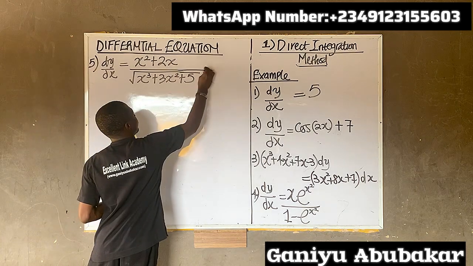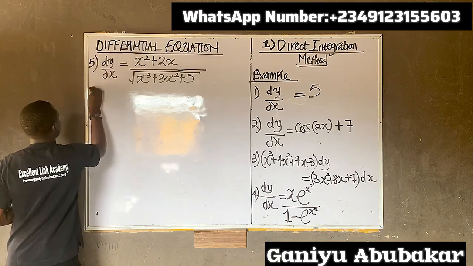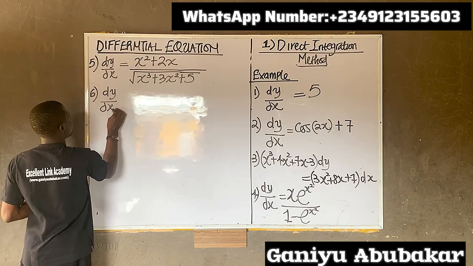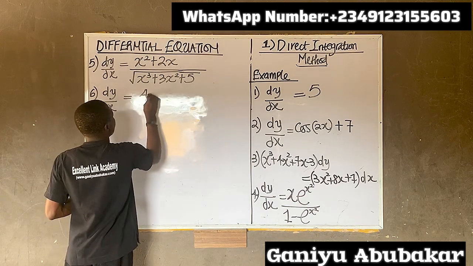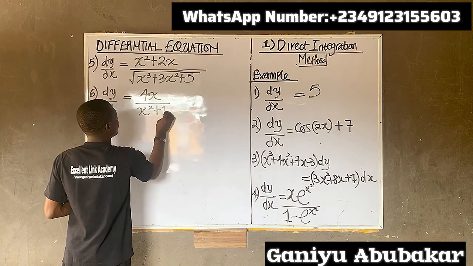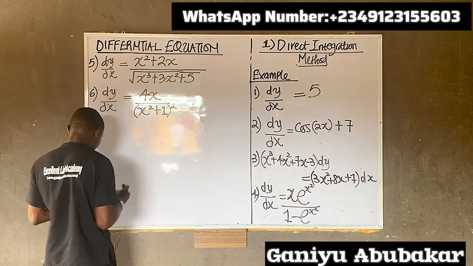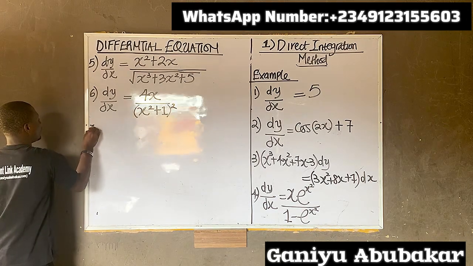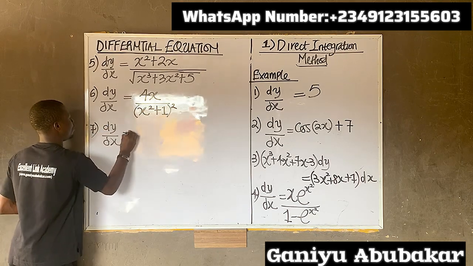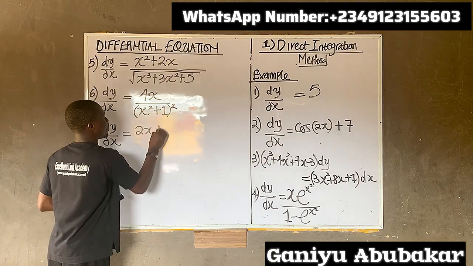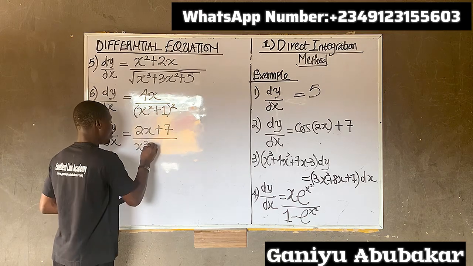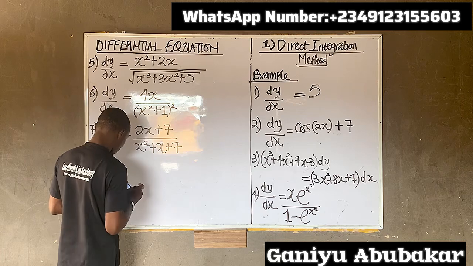Next up, number 6, I have dy over dx is equal to 4x all over x squared plus 1, all squared. Question number 7, I have dy over dx is equal to 2x plus 7 all over x squared plus x plus 7.